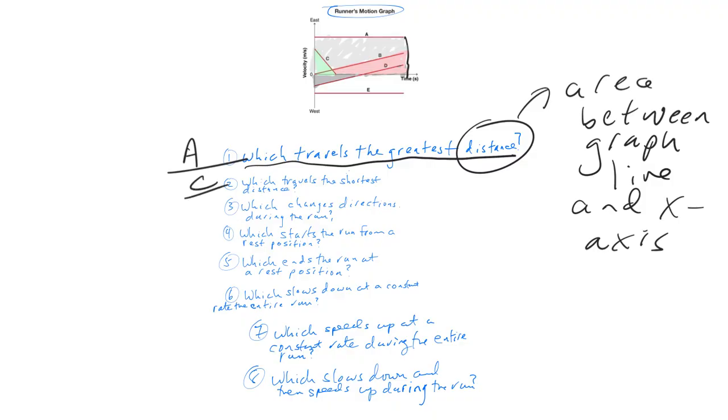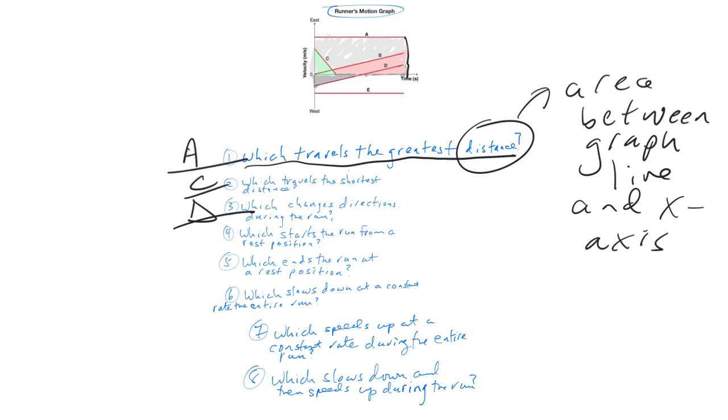Which changes directions during the run? Okay, he had positive velocity and negative velocity. So that would be letter D, the one who crosses the x-axis. Only line that does that is D. Which starts the run from a rest position?